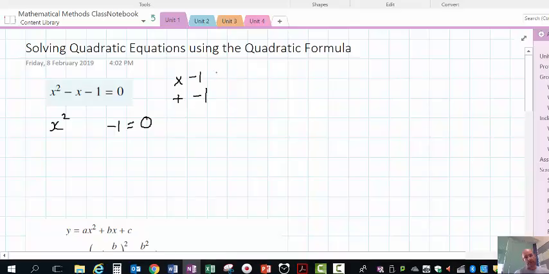Well, there's not many ways we can get -1 when we multiply things. It's 1 times -1 and -1 times 1. No other way of getting any integer values to work that way.